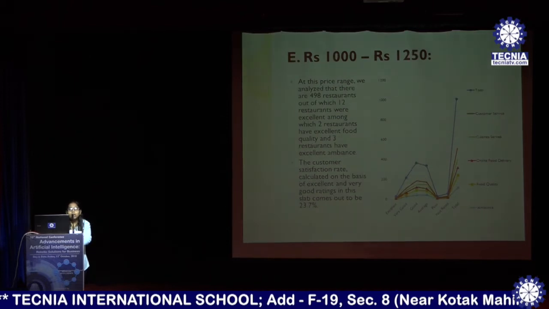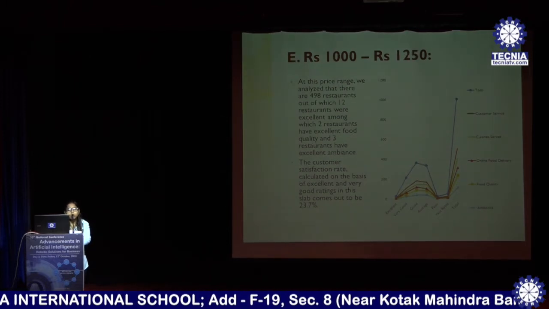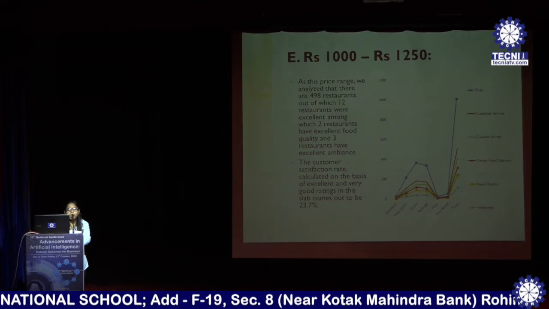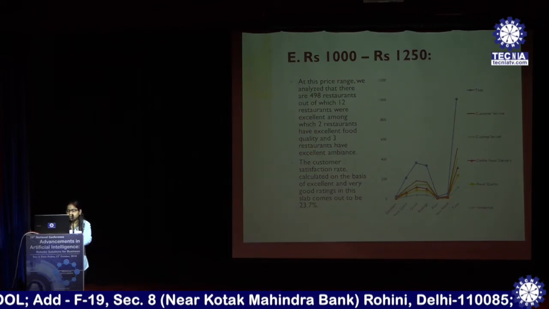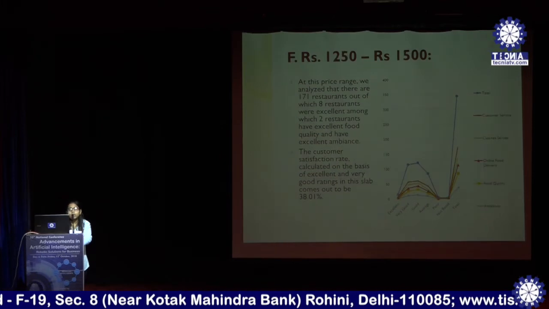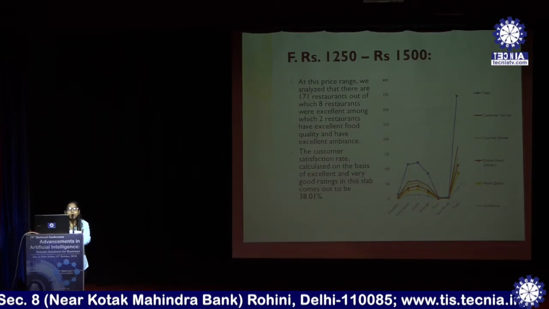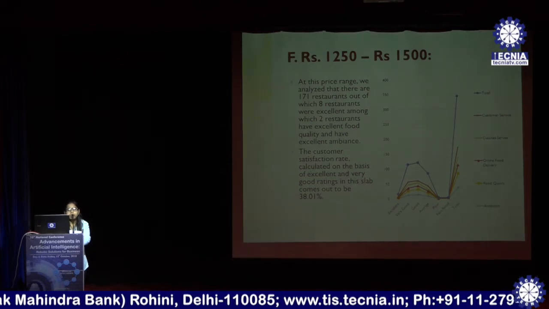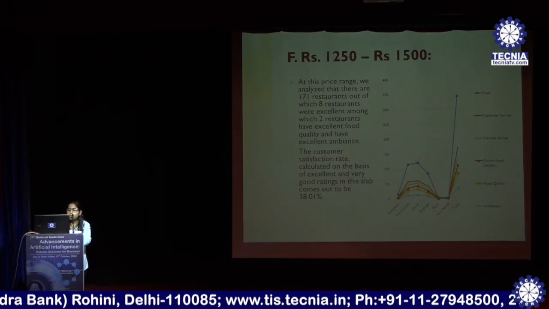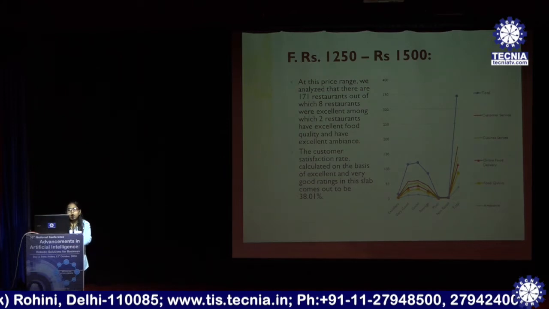16.67%. For the 1,000 to 1,250 price slab, we got 23.7% as the customer satisfaction rate. The rupees 1,250 to rupees 1,500 price slab shows a customer satisfaction rate of 38.1%.